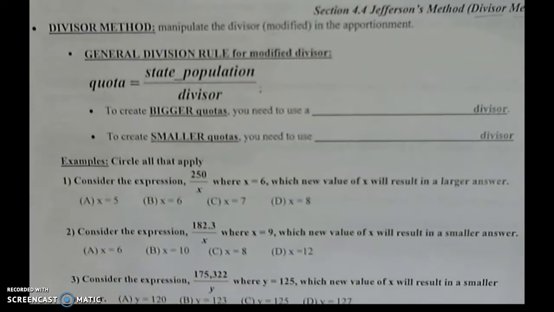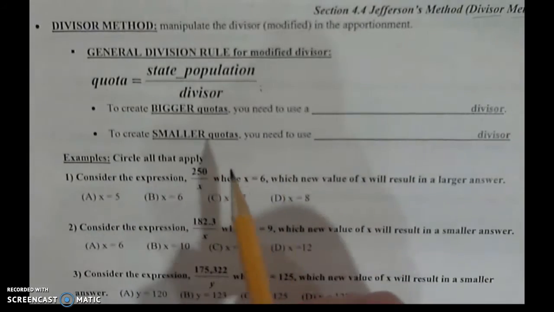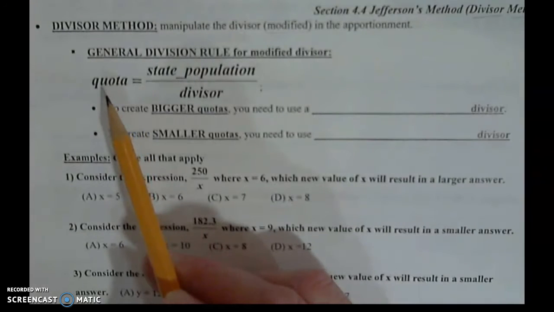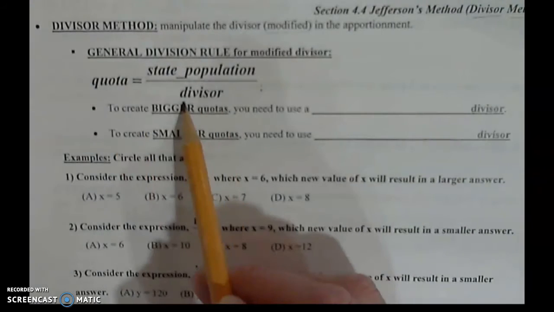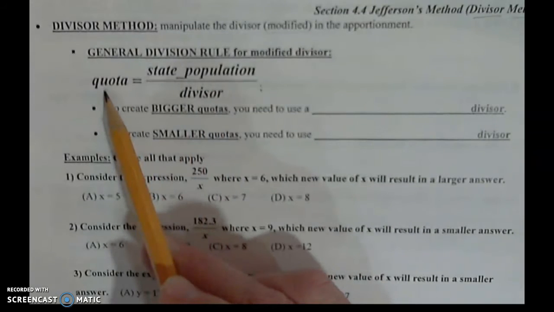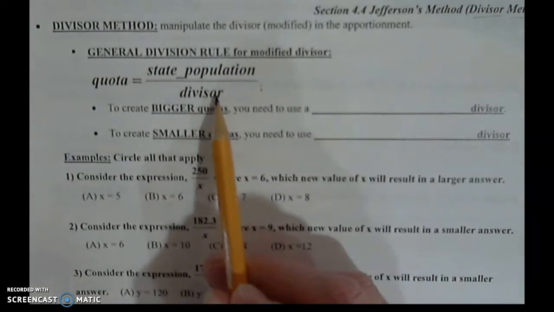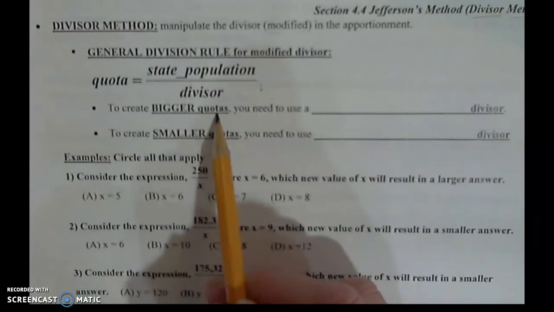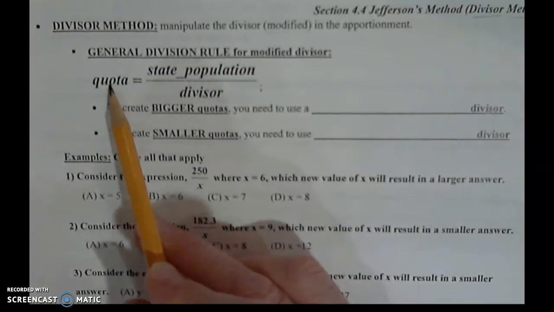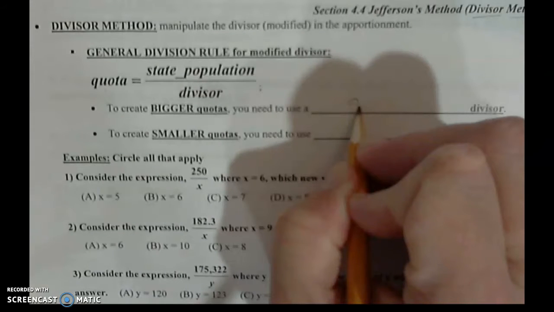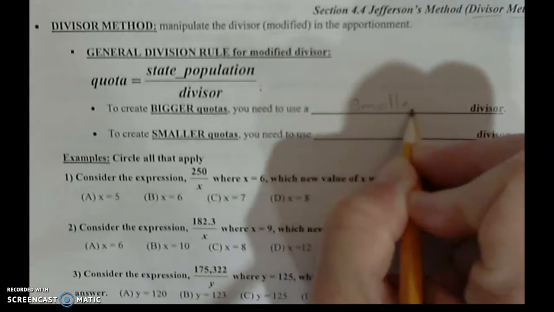So what the divisor method says we're going to do is, to get the quotas that we want, we need to change this divisor so that it gives us what we want. To create a bigger quota, so if I want my quota to go bigger, I need to use a smaller divisor.